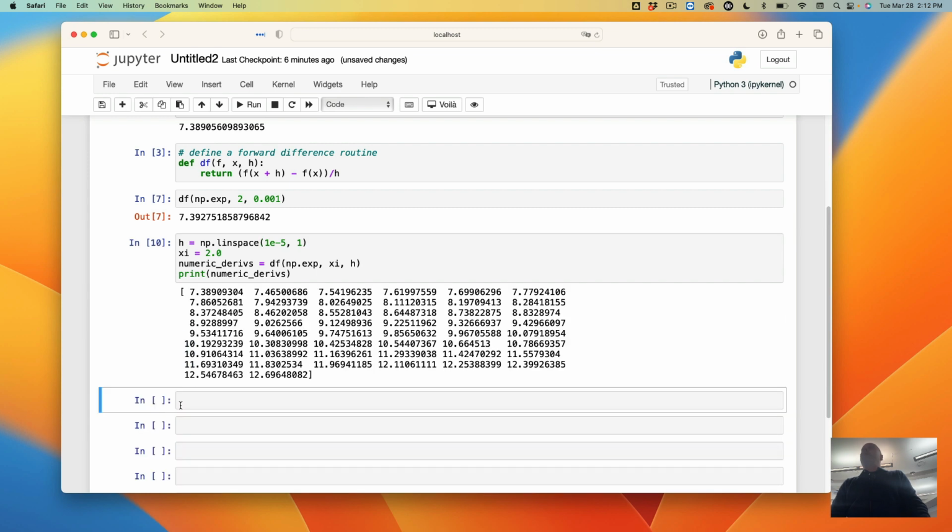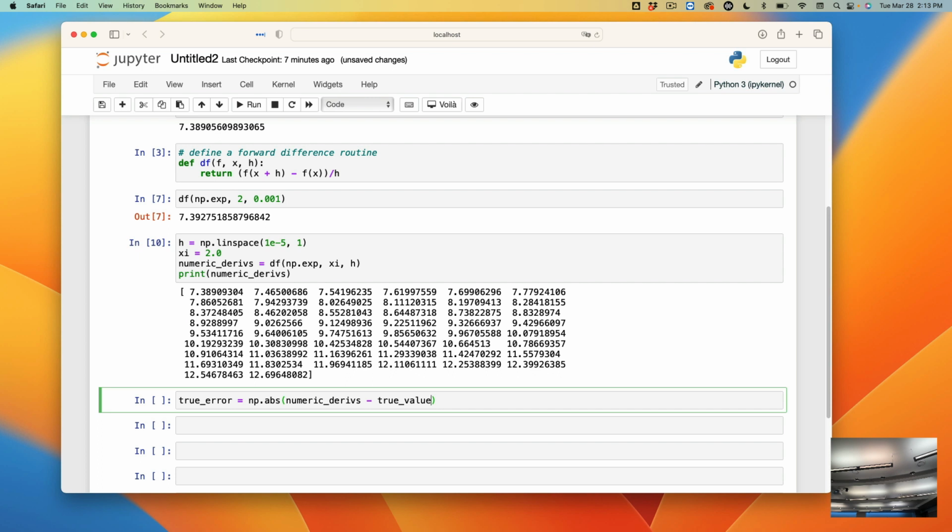Okay. So now to compute the error, I need the true values, right? So all I have to do is say true error is the absolute value of the numerical derivatives minus the true value. Agreed? That's the true error.